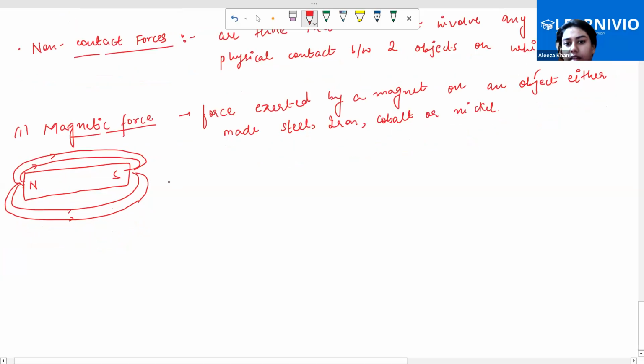Fine. Coming on to the electrostatic force. Electrostatic means electric field being generated around the charges. Yes or no? Yes, ma'am.